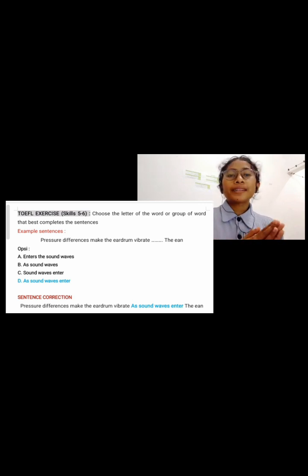The answer is D. The conjunction as indicates that the two actions happen at the same time. The pressure differences cause the eardrum to vibrate while the sound waves enter the ear. The verb enter is also correct following the plural subject sound waves. The correct sentence is: pressure differences make the eardrum vibrate as sound waves enter the ear.